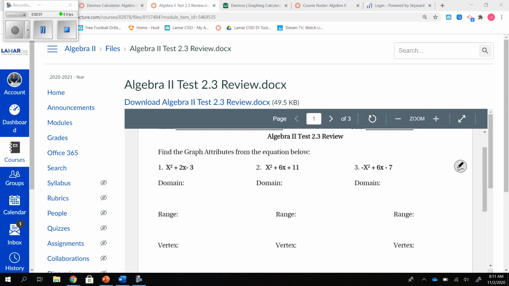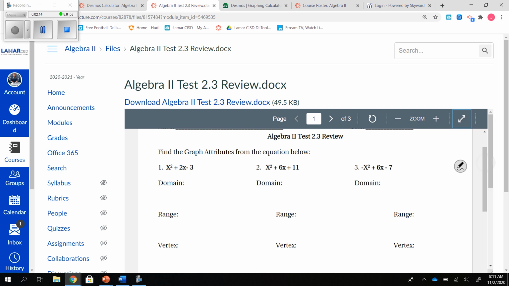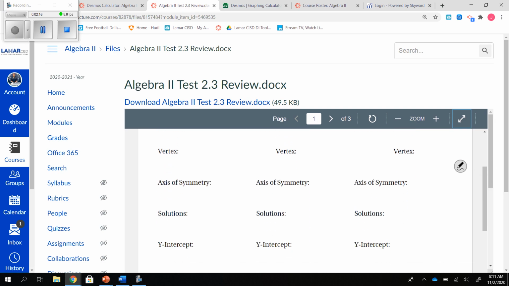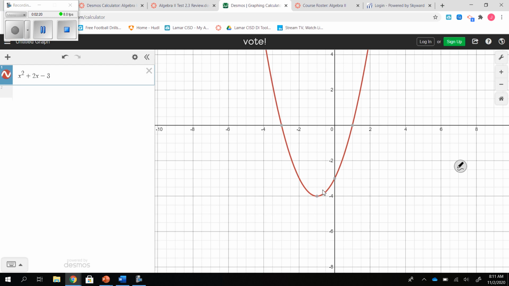All right. The vertex, going back to Desmos, the vertex is the highest or lowest point. So again, we look here. The lowest possible point is -1, -4. There's our vertex. All right. Scroll down, the axis of symmetry, which is the x value of the vertex. The x value of the vertex is -1. There's another answer.